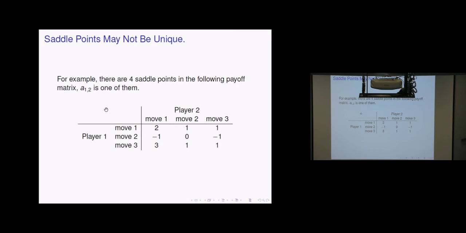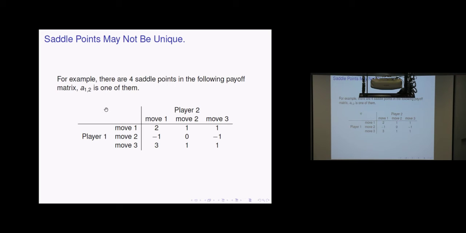So look at the first row. There are two minimums, this one and this one. Now look at this one. Is this number 1 at the same time a maximum of this column? Yes, because nobody is bigger than it.